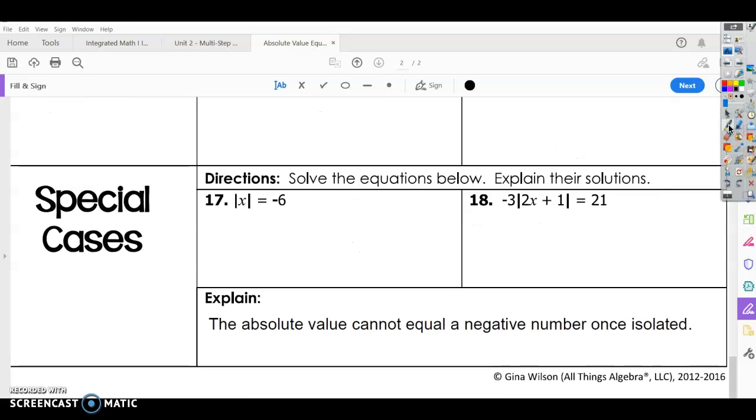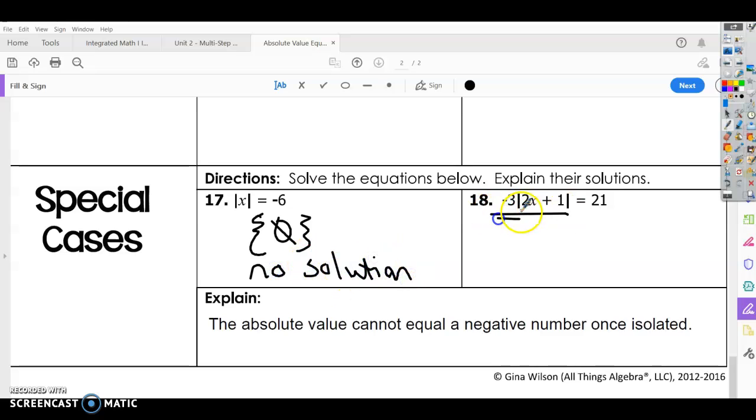All right, special cases. We're looking at distance from 0. Remember, distance cannot be negative. So if you have something that is isolated and it says negative, the absolute value cannot equal a negative number. So this would be no solution. And we write no solution as the null set. That means there's no solution.